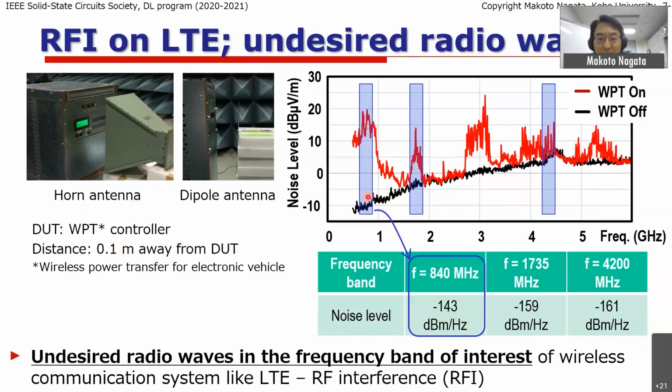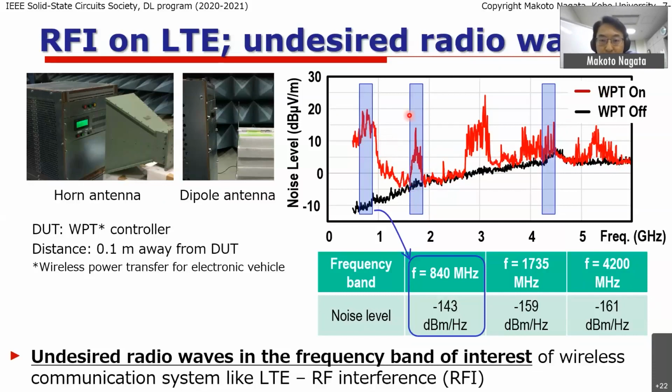We measure the radiations. In the case where the WPT was off, we don't see specific tones or specific noise features, but once we turned on the WPT system, obviously we see many different frequency components as undesired radio waves.